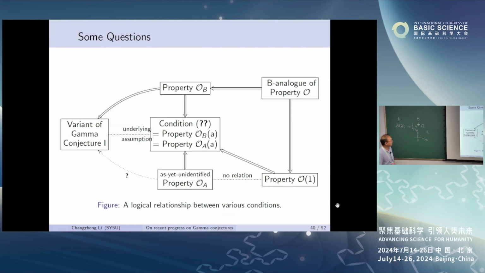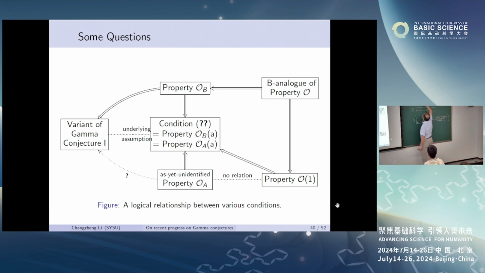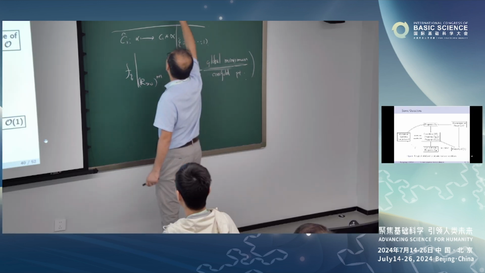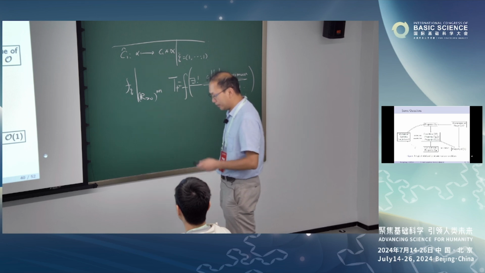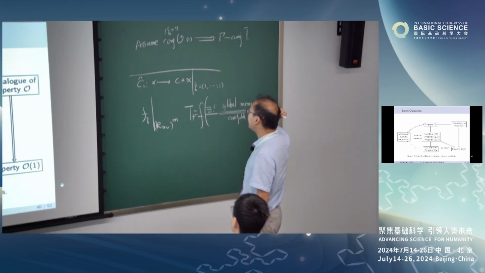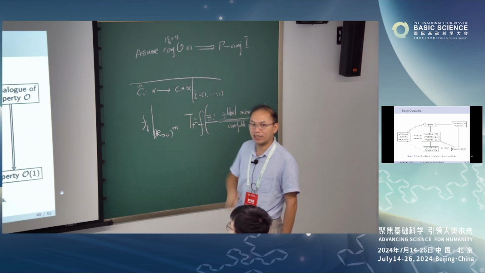Then here is some diagram. Originally we assume Conjecture O, then the Gamma Conjecture. This is the original conjecture, so this is Q equals 1. Then we say this is a sufficient condition, but it is not enough because of the counterexample.